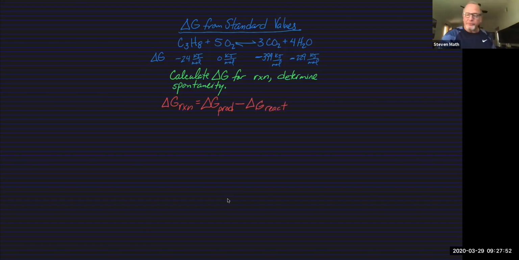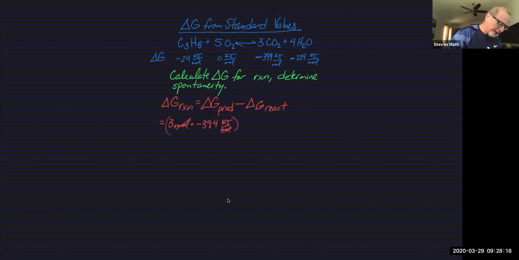Now, in this case, we have some coefficients coming into play, and we're going to make use of those. So with products, we're going to start with our CO2. So this is going to be equal to 3 moles. That's my coefficient for the CO2 times a negative 394 kilojoules per mole.